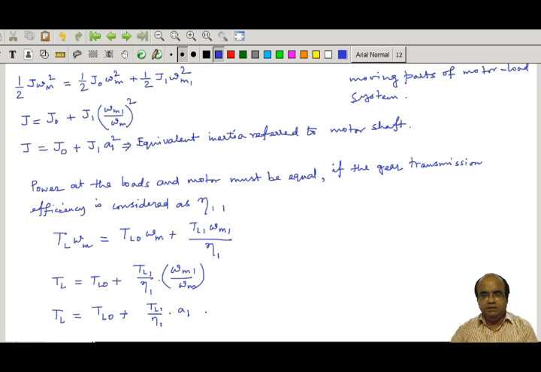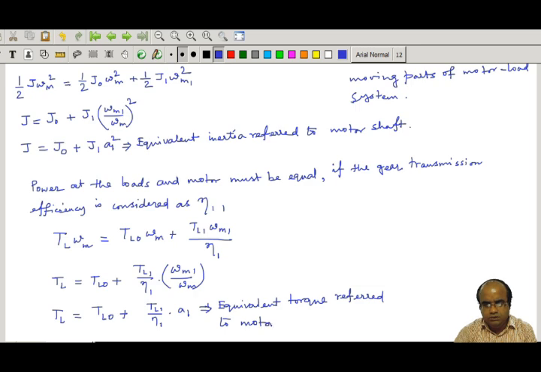Okay, this is the equivalent torque referred to the motor shaft.